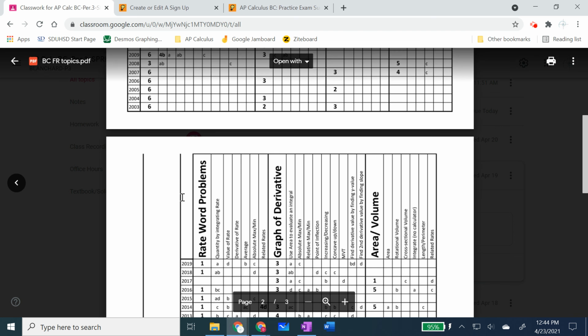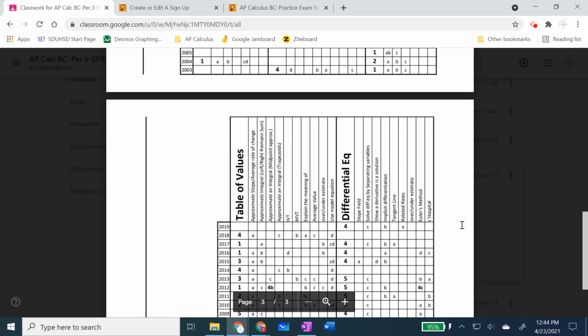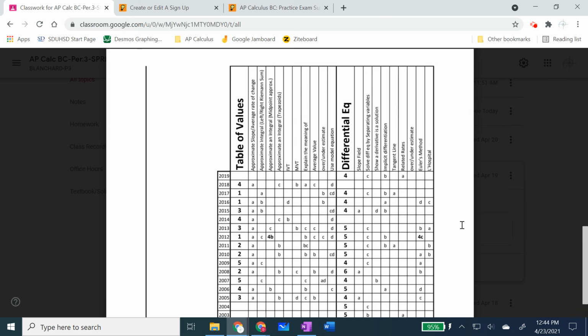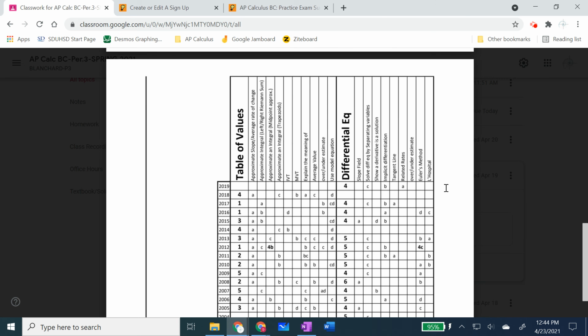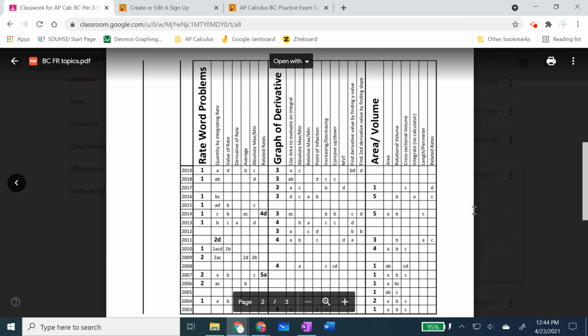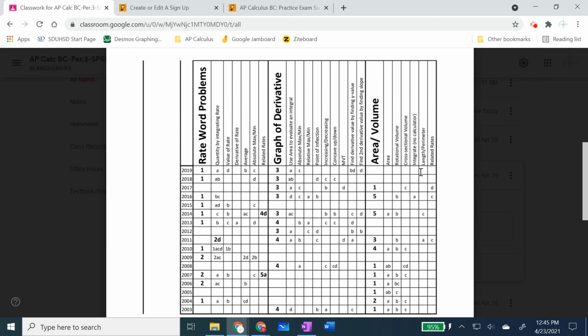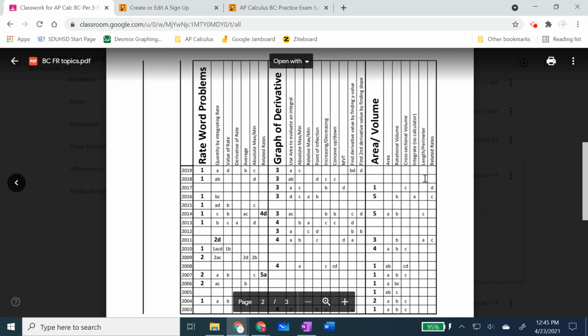Know that the second page and the third page are A-B problems, but they might be a BC problem if they've added in things like Euler's method or length, area, volume.